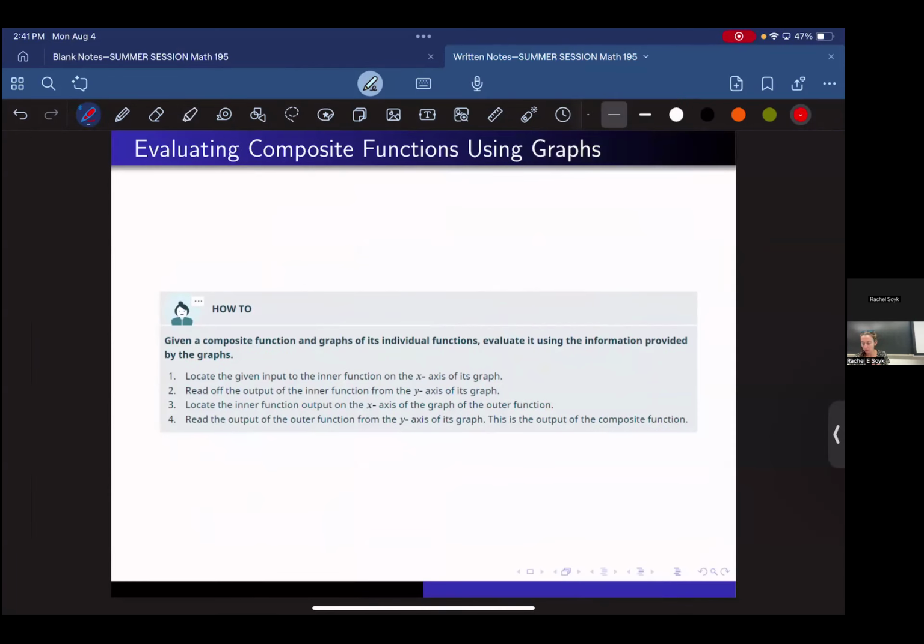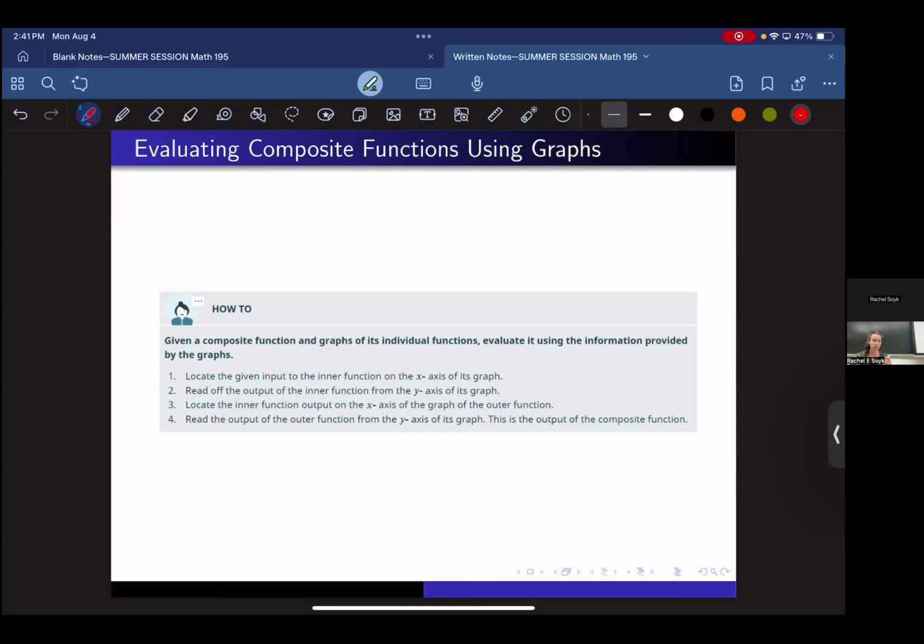So this is just the formalized notes. If you're given a composite function and you're asked to evaluate it using the information provided by the graphs, we just did a table example, but we'll look at a graphing example in a moment.